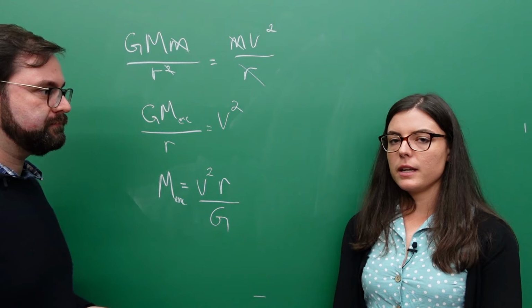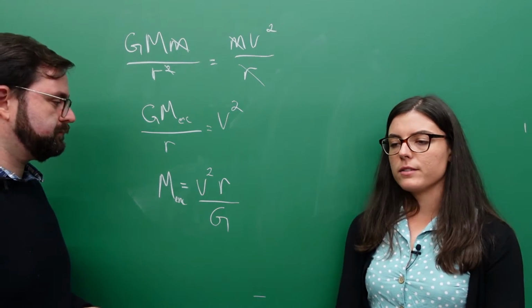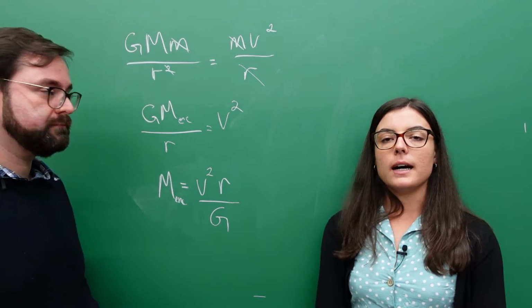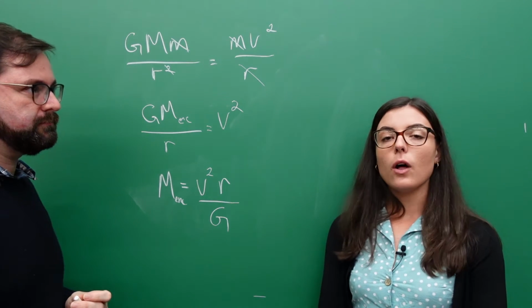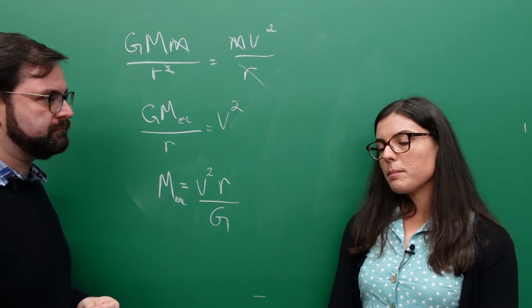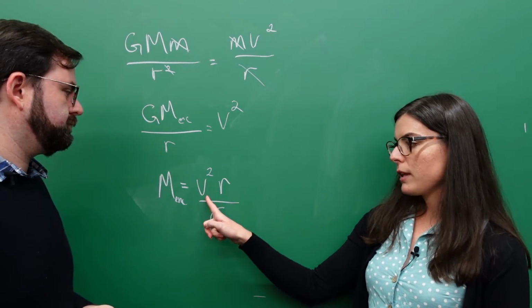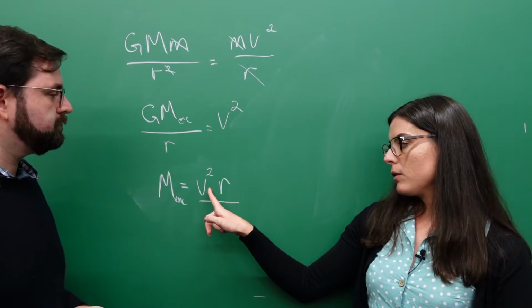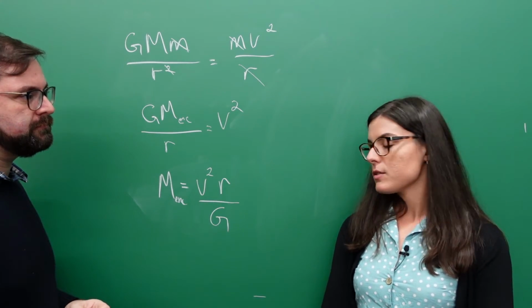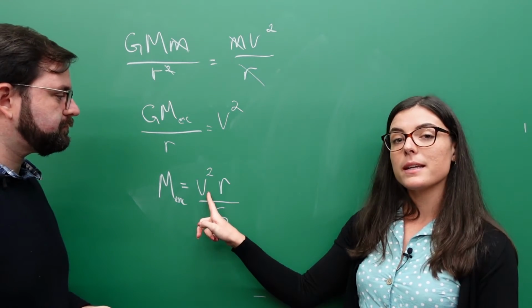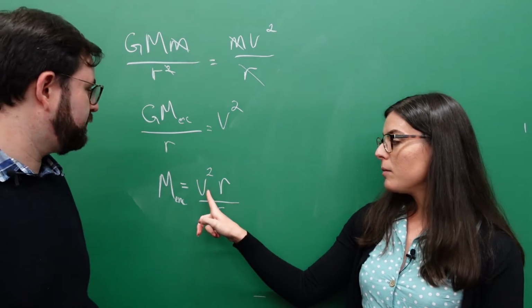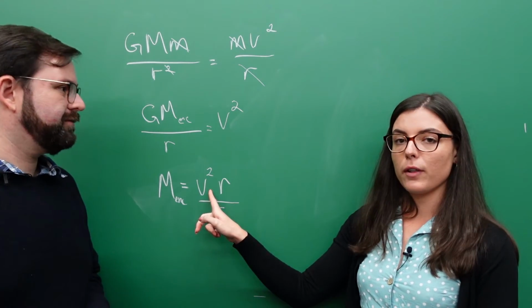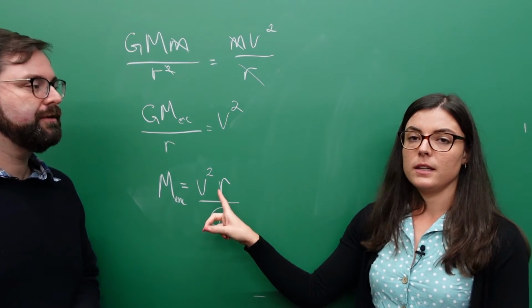So I guess one thing to leave us off with is you might be thinking, okay, we can measure the velocity of stars around the center of the galaxy, and we can work out the mass enclosed, but the question then becomes, what does this relationship look like? Are these velocities of stars what we expect them to be? Do these stars follow Keplerian orbits?